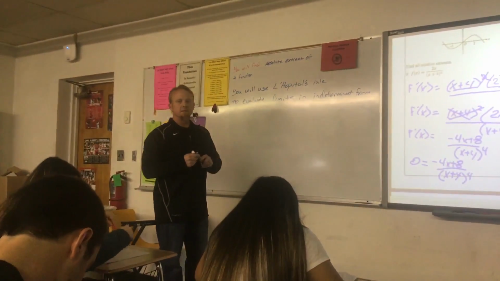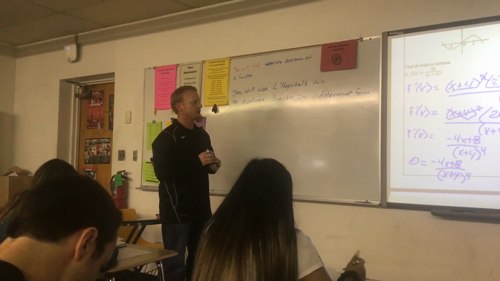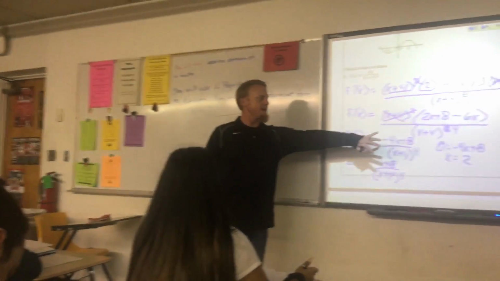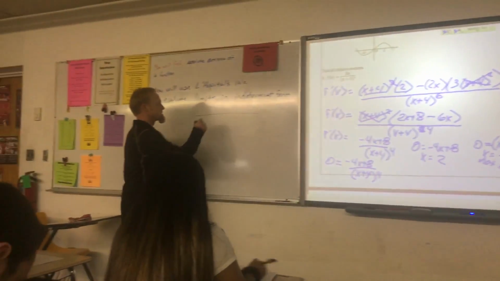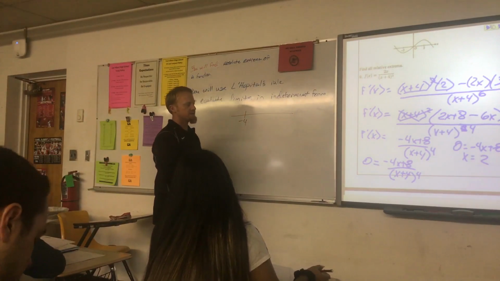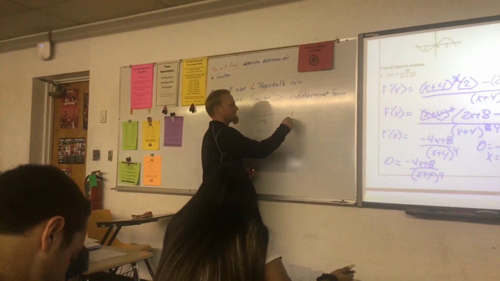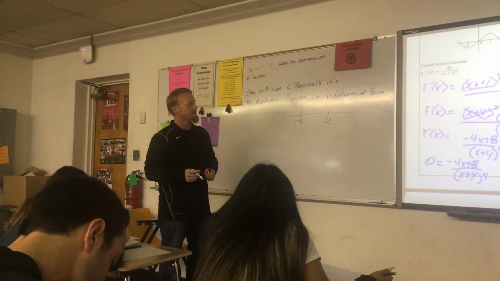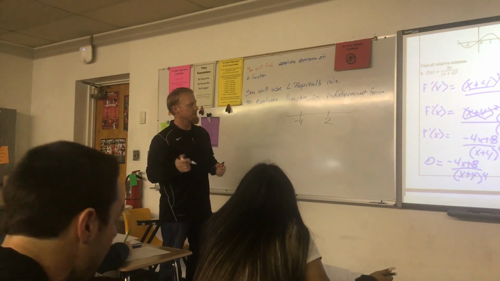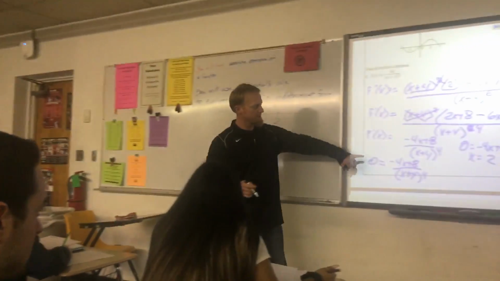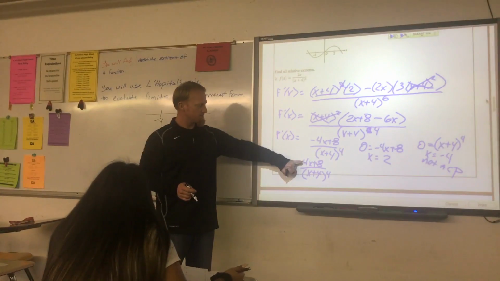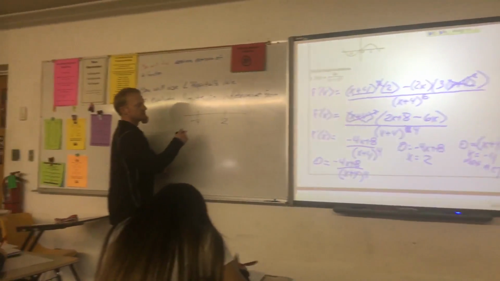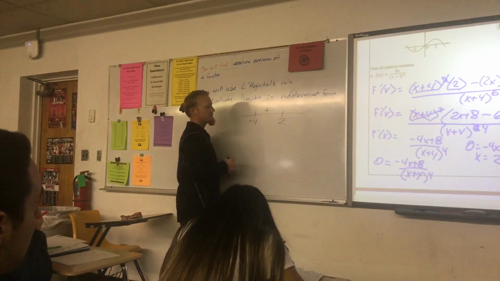All right, so what's next? Sine line. Even though negative 4 is not a critical point, it still needs to be on your sine line. So negative 4 needs to be on my sine line, and 2 needs to be on my sine line. Let's plug in 0. The numerator gives me positive, and the denominator is always going to be positive, so we are positive.